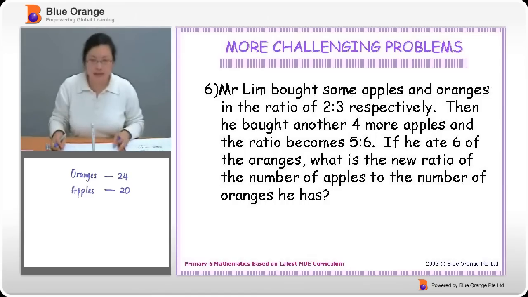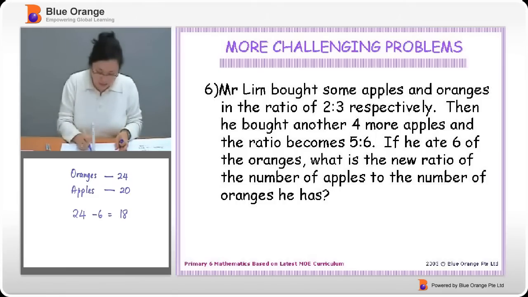Now, in the last part, you are told that he ate 6 of the oranges. So all you need to do is minus 6 from the oranges. So we have 24 minus 6, you have 18. Then they want to know the ratio of the number of apples to the number of oranges, the new ones.